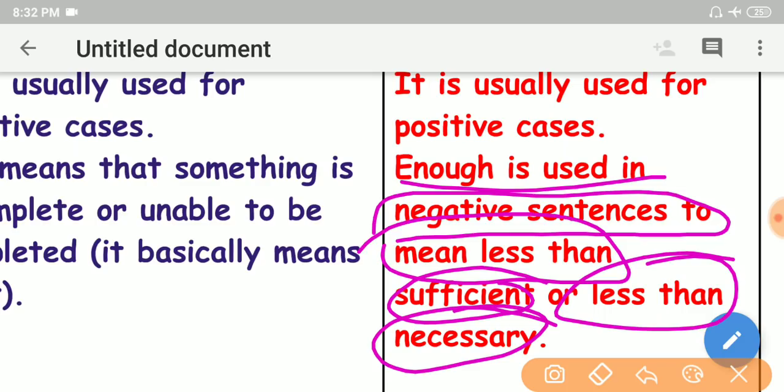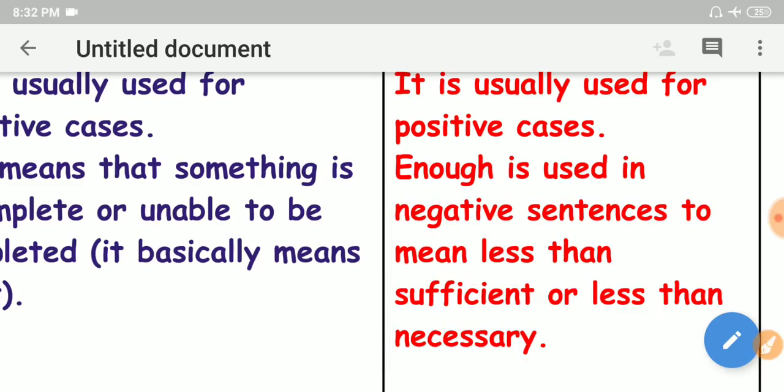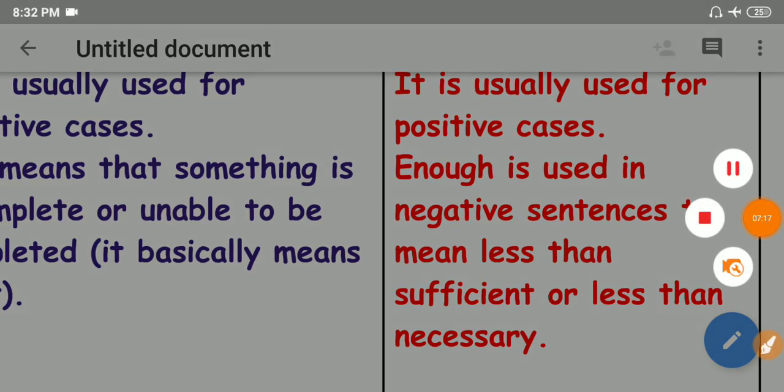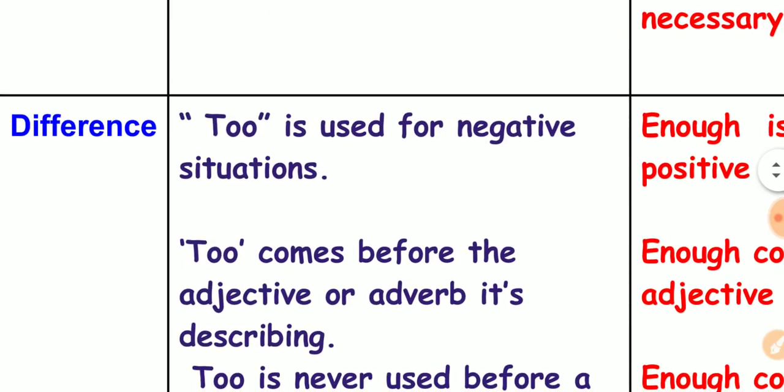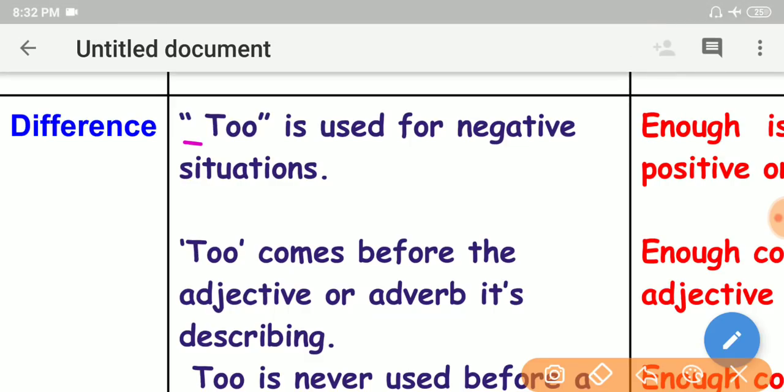So here enough money means less than sufficient, less than necessary. So these are such examples or meanings of too and enough, my dear friends. So let us discuss what is the difference between too and enough. See, my dear friends, too is used for negative situations.